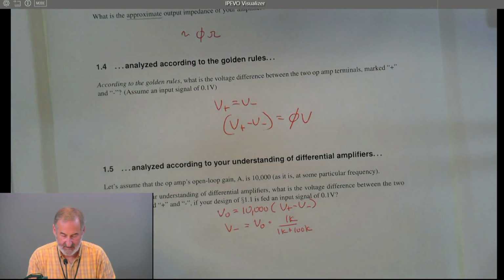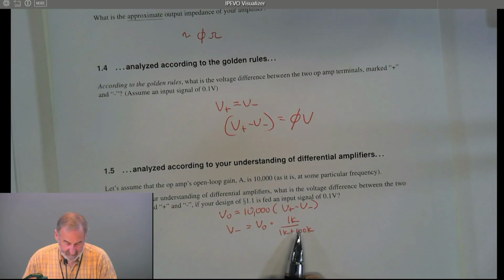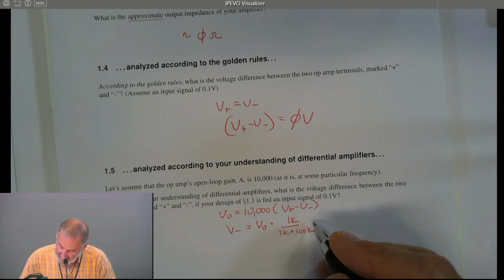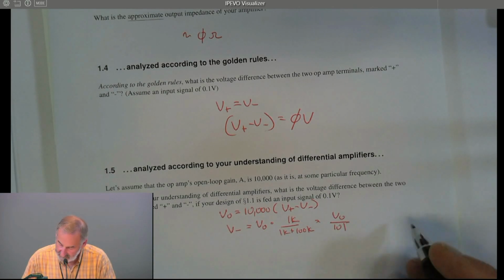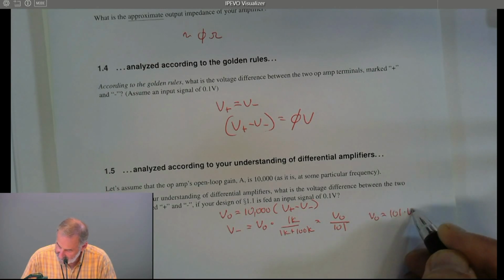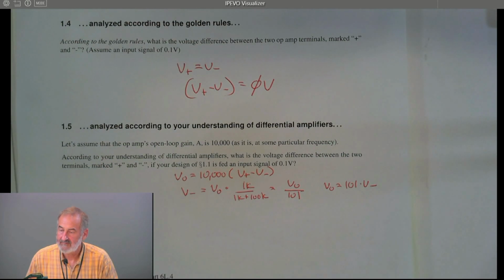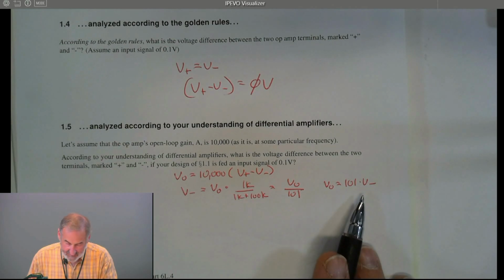That's the voltage divider we used here. That's equal to V out over 101, or V out is equal to 101 times V minus. It's just using algebra.